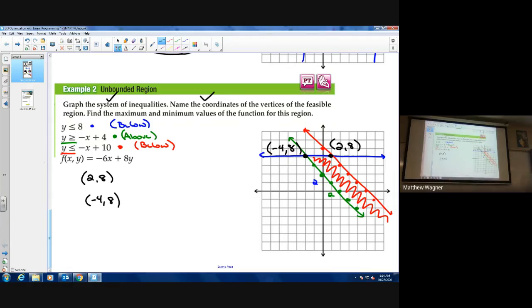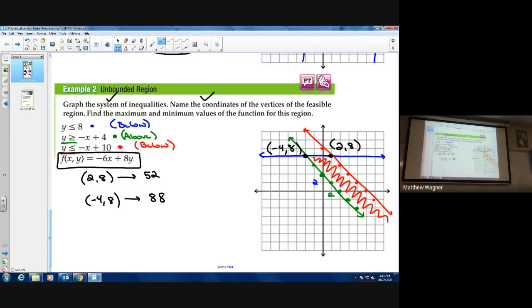We're going to plug these into the function and solve. When I plug in 2, 8, I get -12 and positive 64, which gives me 52. When I plug in -4, 8, I get positive 24 and positive 64, which is 88.